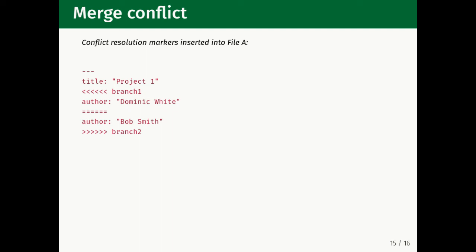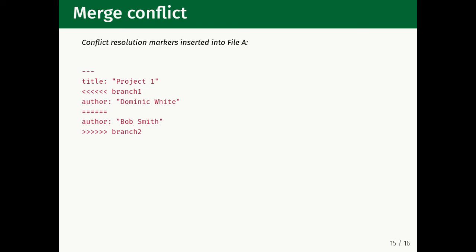What it does is it marks these conflicting regions for us with something called conflict resolution markers. These conflict resolution markers are the inequality and equals signs that you see here. Remember that our conflicting lines were author equals Dominic White and author equals Bob Smith.